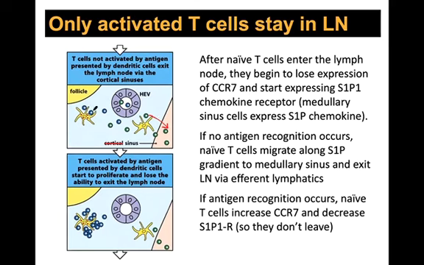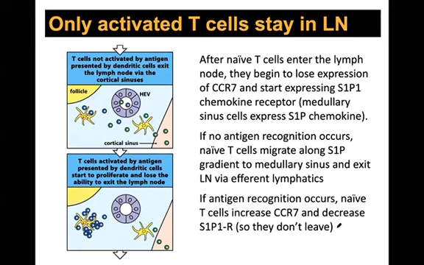However, see these blue cells over here, if they actually do recognize antigen, then they do not lose CCR7, and they don't upregulate S1P1 receptor. Sorry, the way I've written it says they decrease S1P1 receptor, but they actually just never make it. So they don't leave the lymph node.